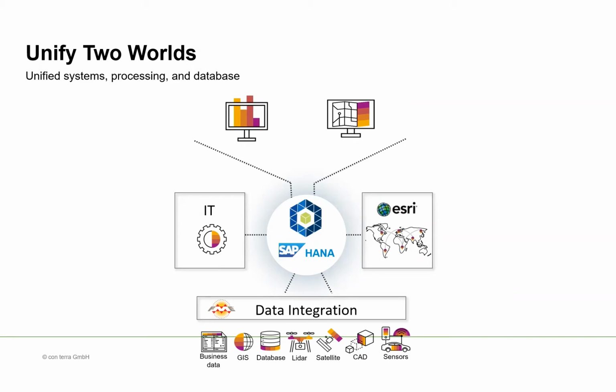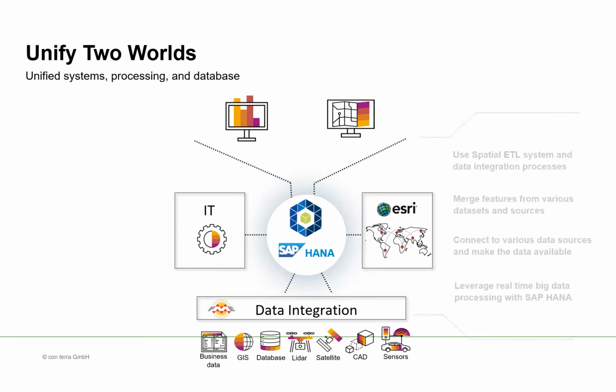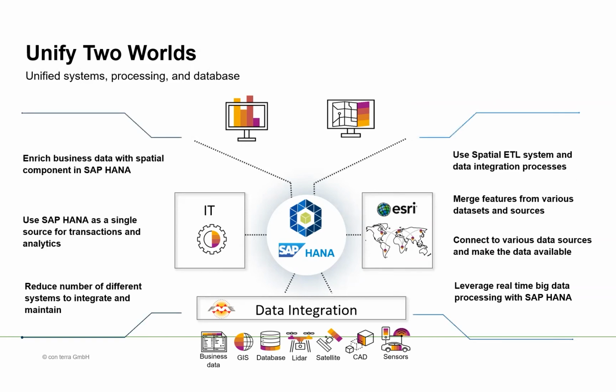Then use SAP HANA's built-in functions to process, analyze, and enrich your data in real time. With this, you will make SAP HANA your single source for transaction and analytics. Plus, you do not have to maintain more than one system anymore. So after that, all of your transactions in your company are right now spatially distributed across your data.